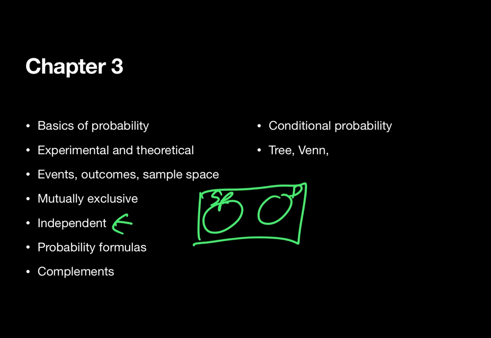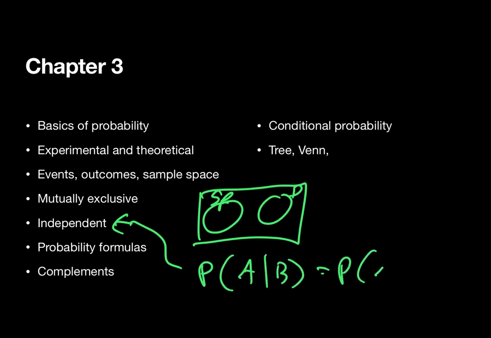So independent means, from a formula point of view, if the probability of A given B is the same as the probability of A, in other words, if I know B and the probability of A is the same as the probability of A all by itself, they are independent events. That's how you would prove independence. Probability formulas.